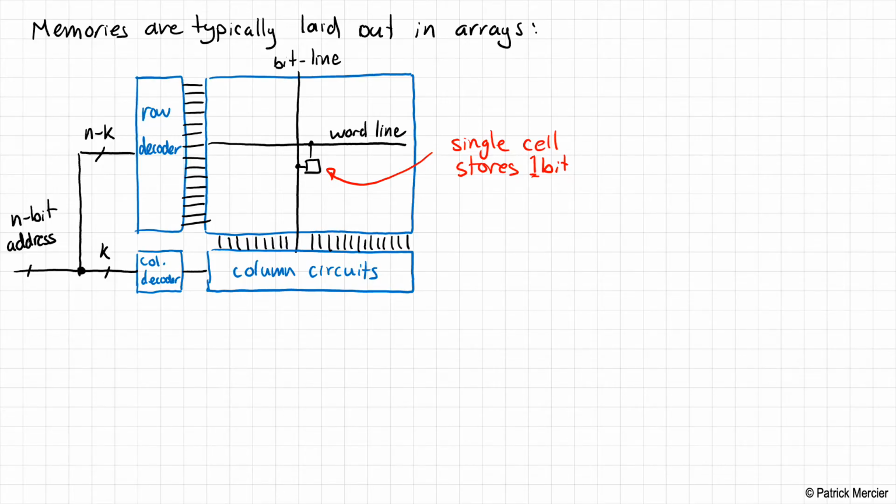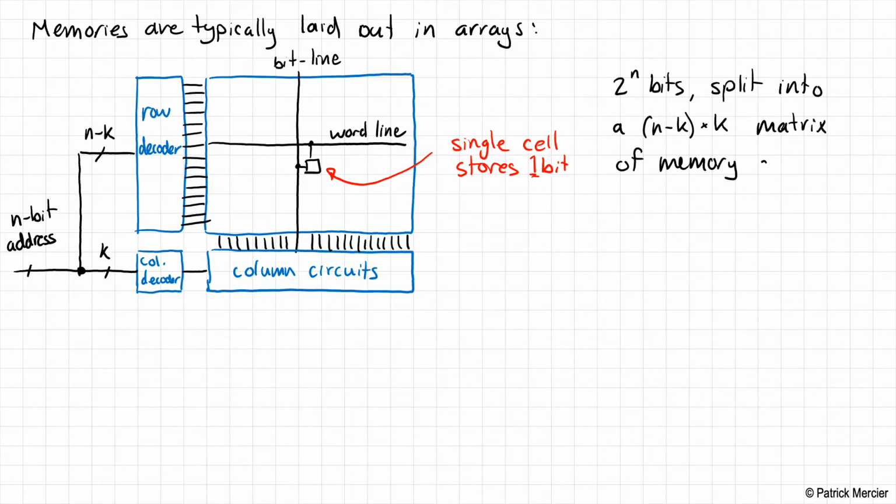So let's just write a few of these things down. If we have an n-bit address, we have 2 to the n bits in our memory that are split into an n minus k by k matrix of memory cells. Okay, so that's the overall structure of this.